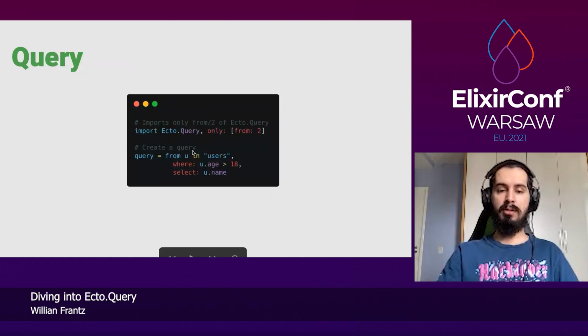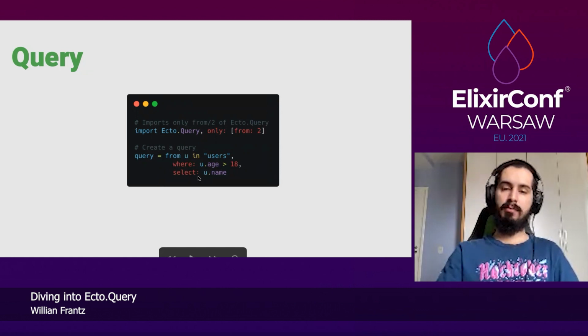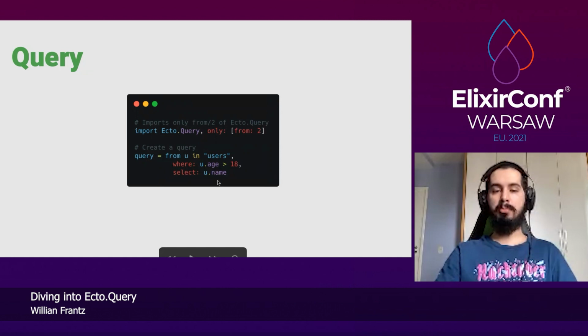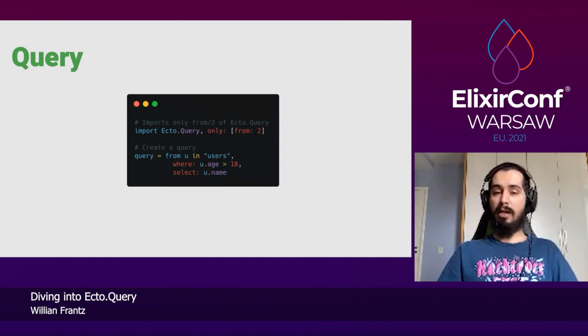And I'm using this functionality here, like from u in users, where this user age should be greater than 18, and I want to select its name. So I'm querying all the users that are greater than 18 years old.